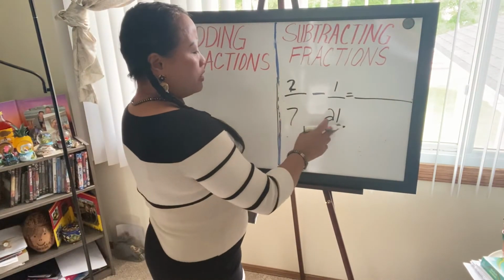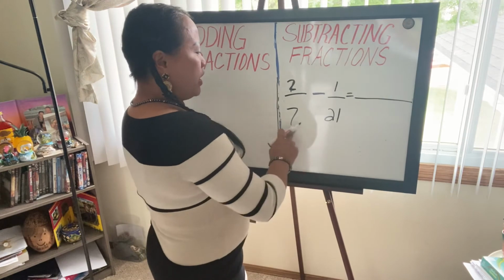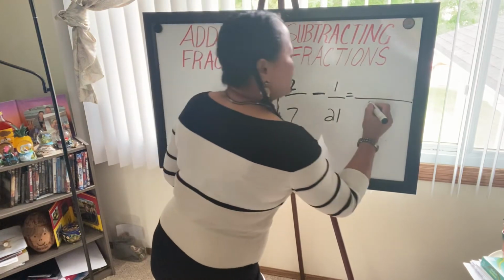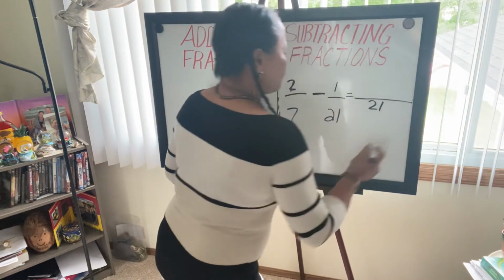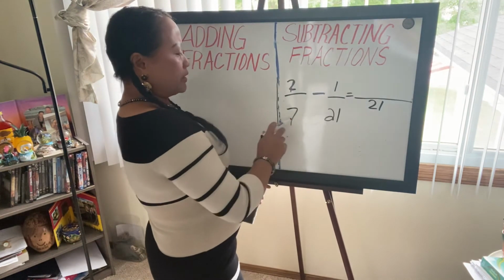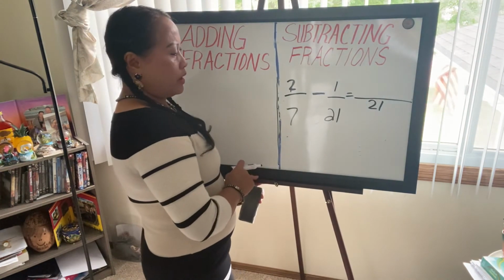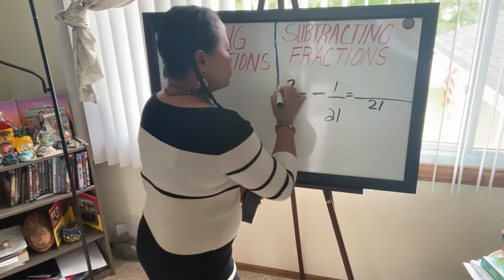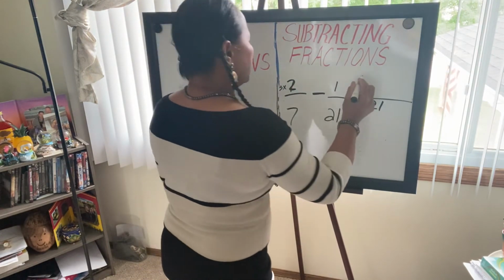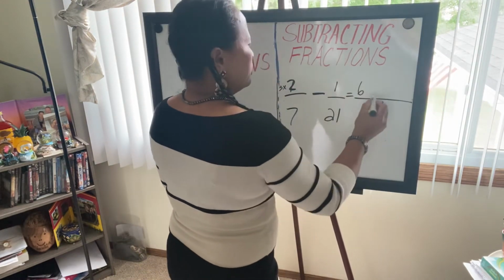So 7, what number can be divided by both? Let's say 21. Now 21 by 7 equals 3. So 3 times 2 equals 6.